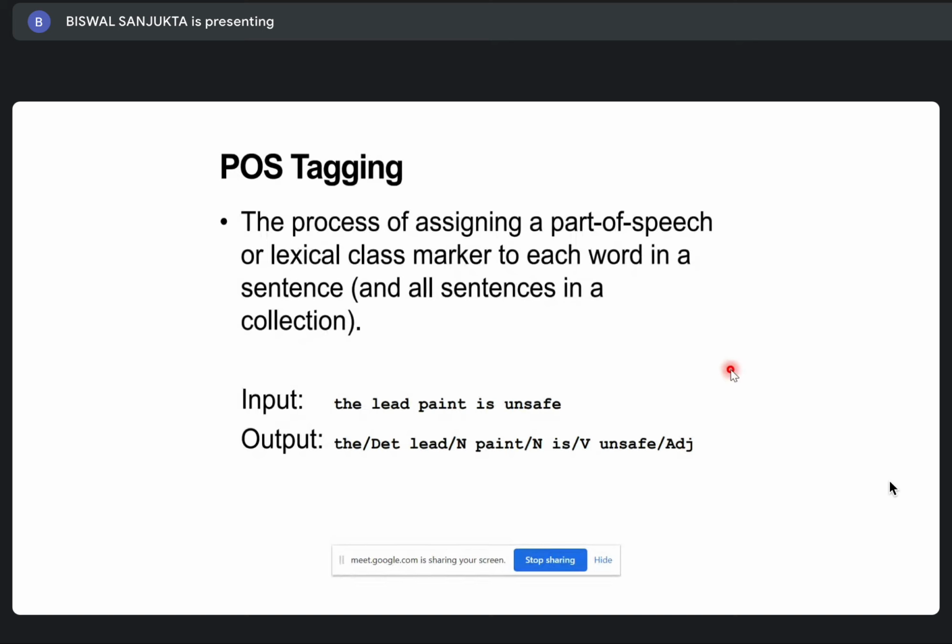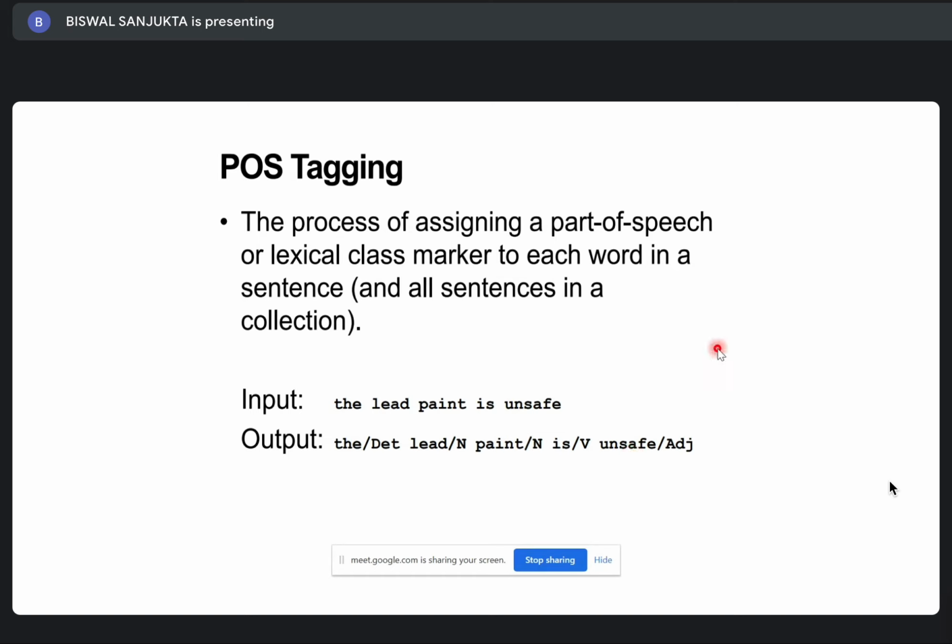By taking that labeled data into consideration, if someone says, I have this sentence, you just do the POS tagging, then based on our initial training data set, I need to find out the appropriate tag for 'the', 'late', 'paint', 'is', and 'unsafe'.